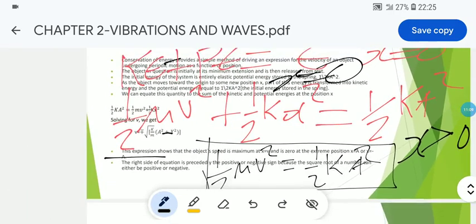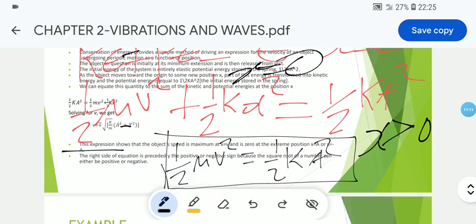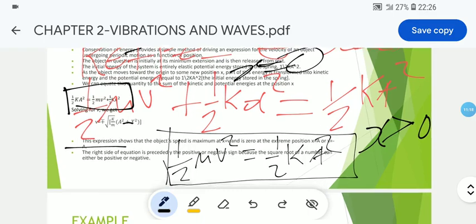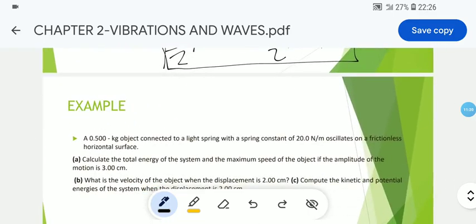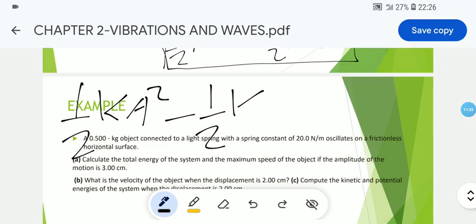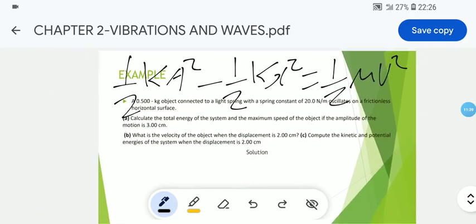So from that you can make v the subject of the formula: 1/2 ka squared minus 1/2 kx squared is equal to the kinetic energy.